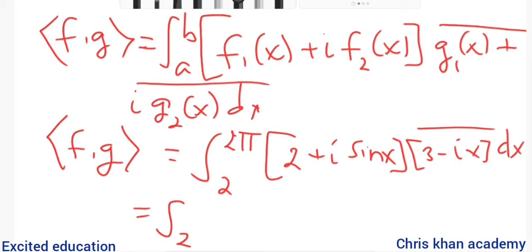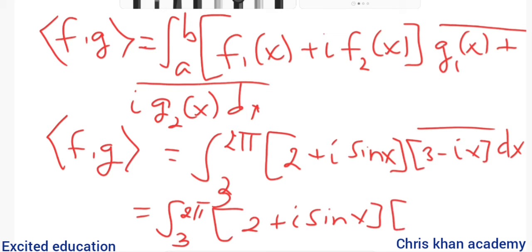That's why we take f1(x) and g1(x), where g1 can be the part of the imaginary and f1 the real part. So this will be equal to the integral from 3 to 2 pi of the bracket 2 plus i sin x times the bracket 3 plus i x, dx.